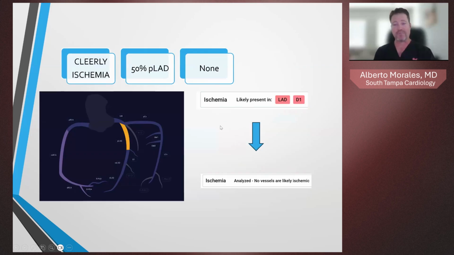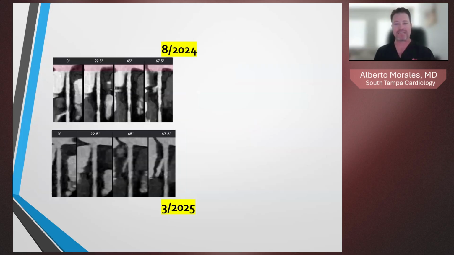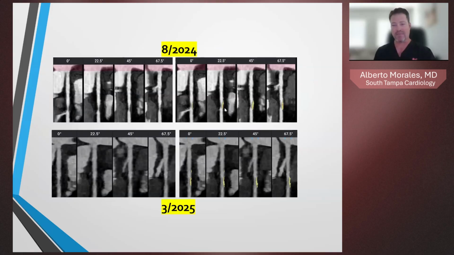And we were also able to resolve his ischemia. So he went from a high percent stenosis, ischemic-looking lesion, to a non-obstructive, non-ischemic lesion in just 6 months. And when you compare the images side by side, you can see up here, before and after.